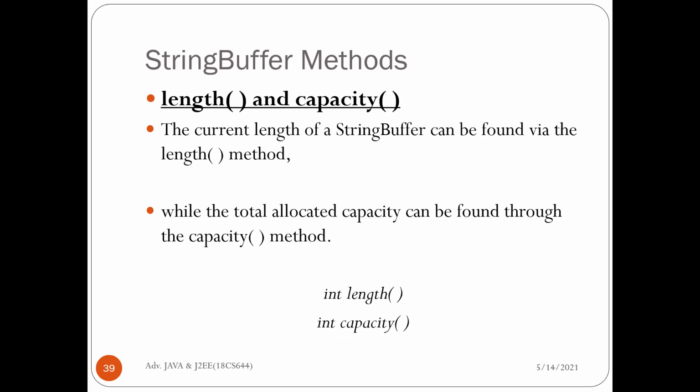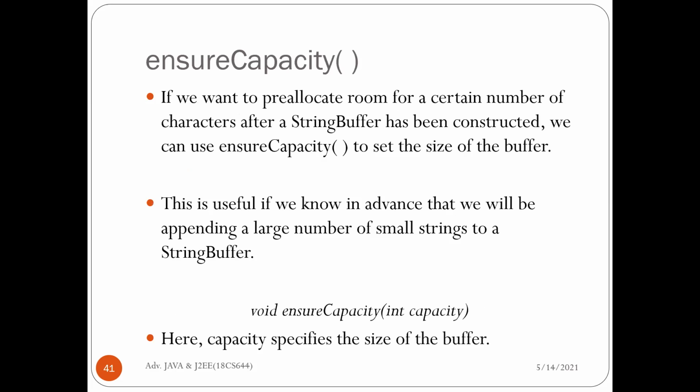The APIs which we discussed were length and capacity. Length indicates the length of the character string, that is the length of a string, whereas capacity is the allocated memory, or in other terms the capacity for the complete StringBuffer. Then the ensureCapacity method will ensure the minimum length of string that should be there in the StringBuffer.